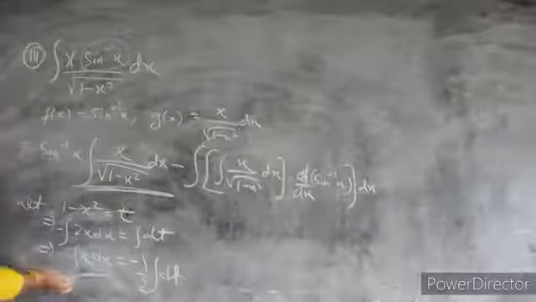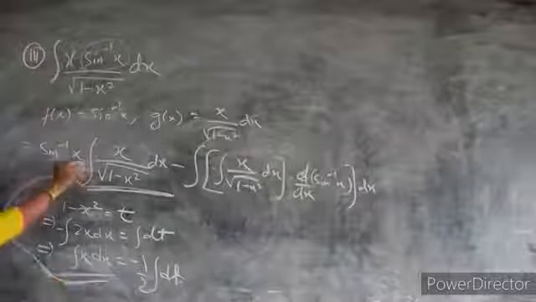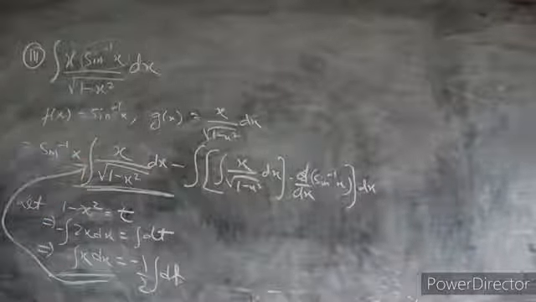So in place of this, we have to substitute minus 1 by 2 dt.